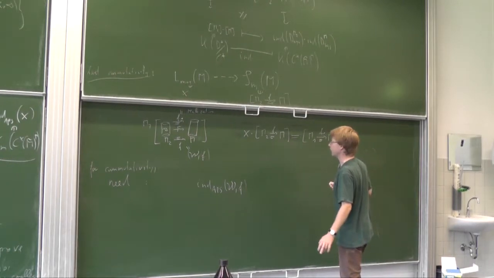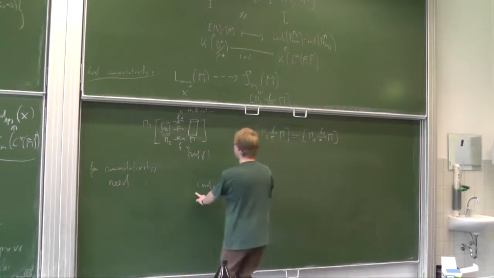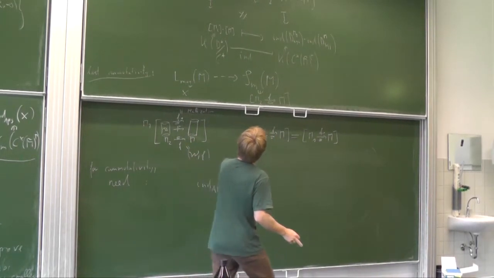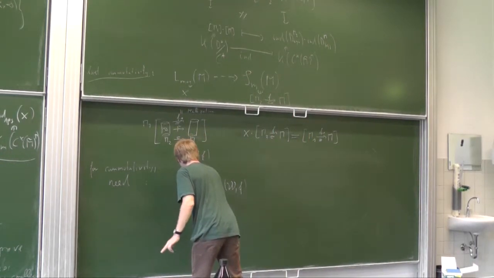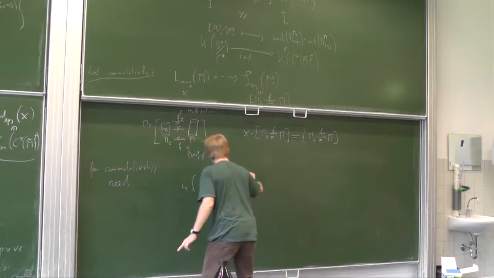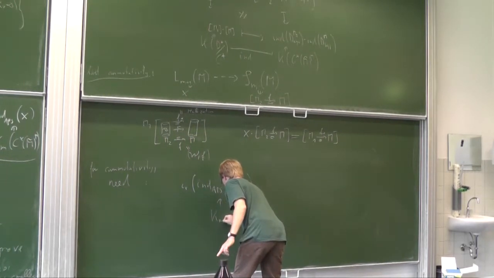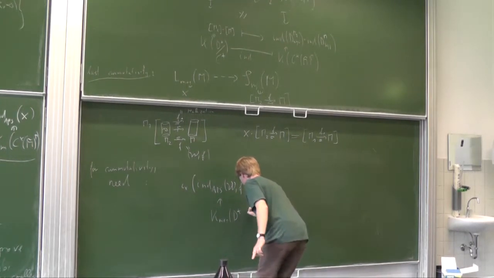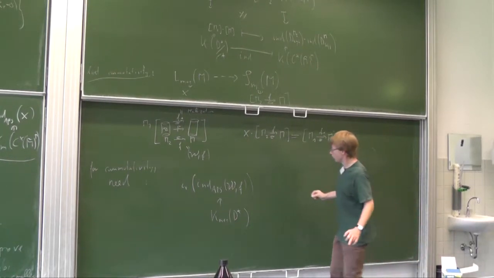Okay? And so what we should have is that if you take this APS index, which lives in the K theory of C star, if we push it forward to D star, it should be the same.